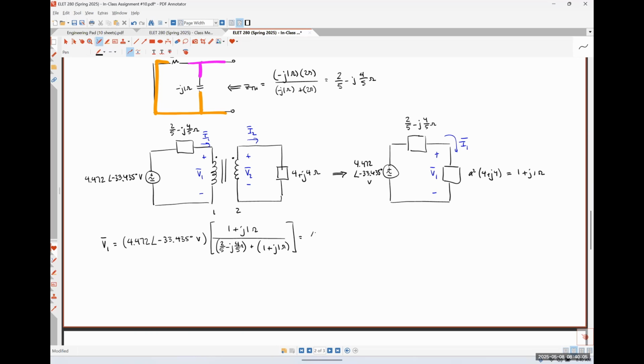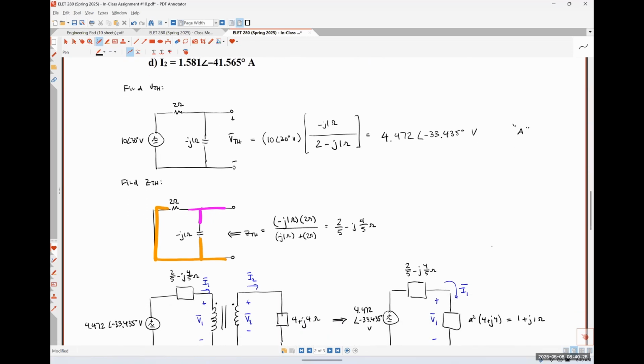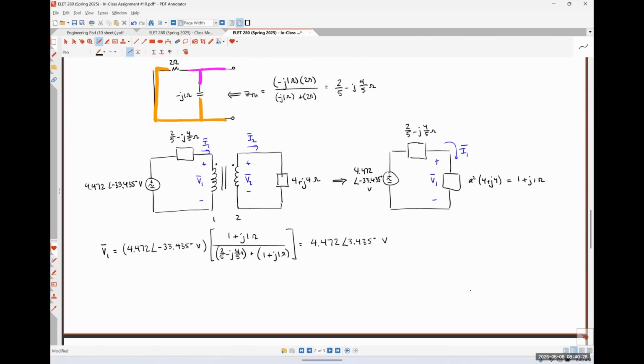And I wound up getting 4.472 with an angle of 3.435 degrees volts. And it looks like this time I didn't screw it up when I solved it a year ago or whatever. Okay.